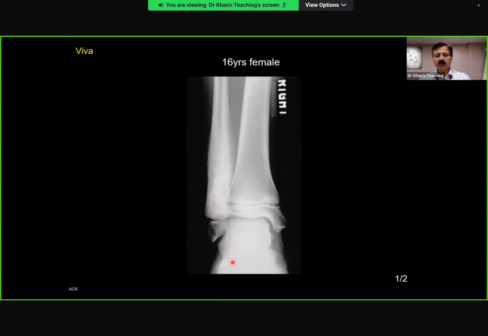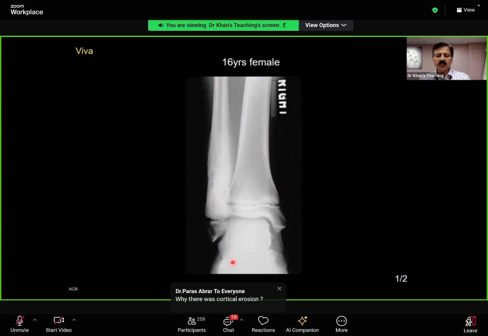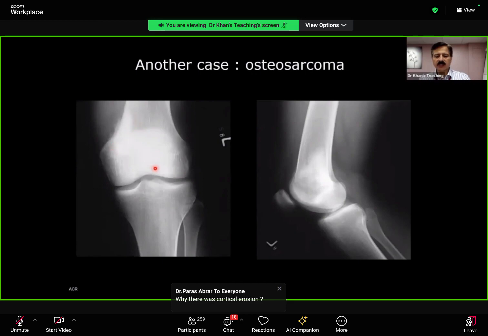But remember that we learned that osteosarcoma is what we call metaphyseal, and it is eccentric, like previous cases. You see, this is eccentric.